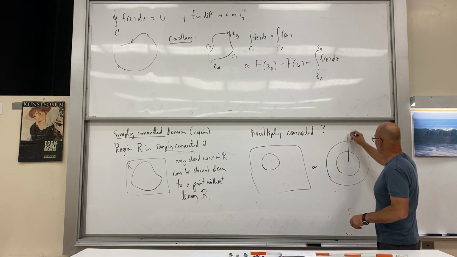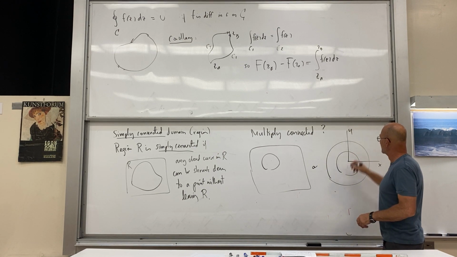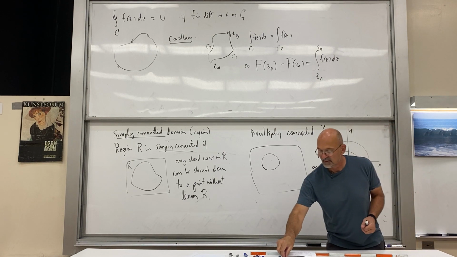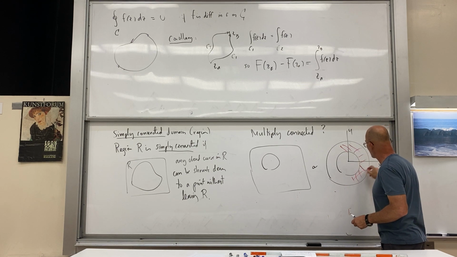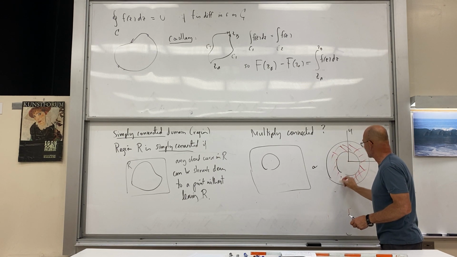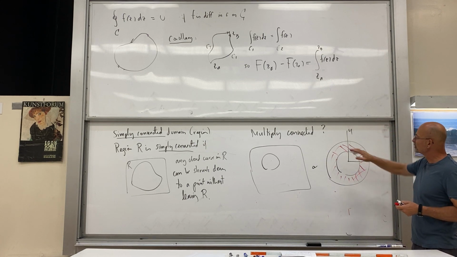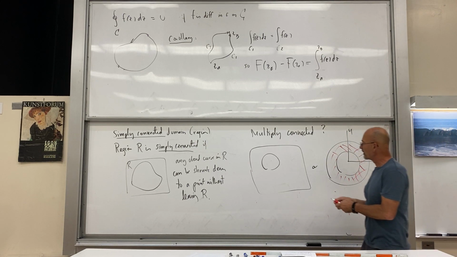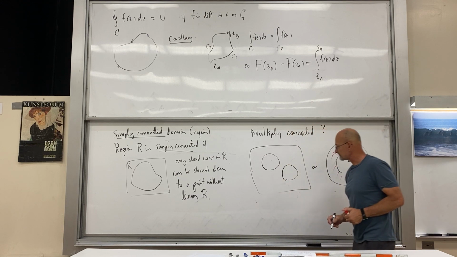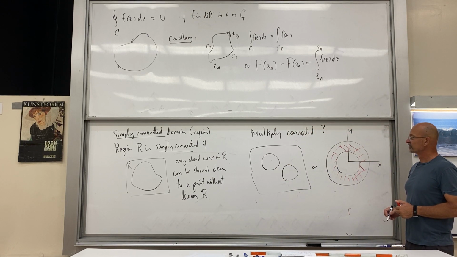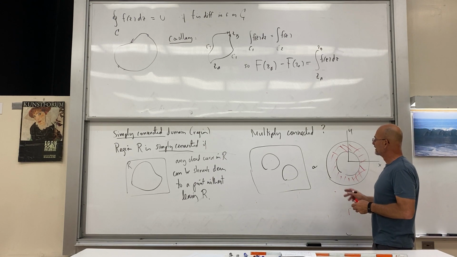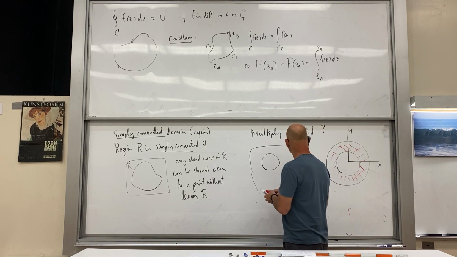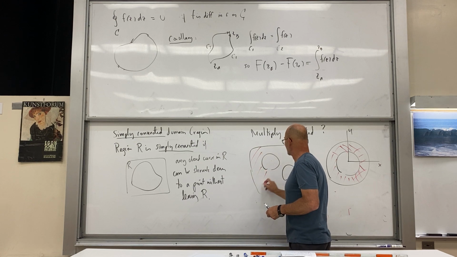Suppose your region R is the region between those concentric circles. Then that's multiply connected. And you could have more than one circle. So multiply connected, you've got some parts that do not belong to that region.